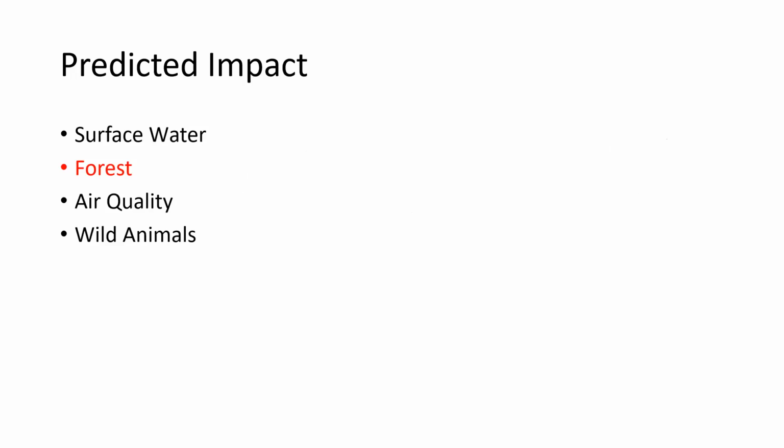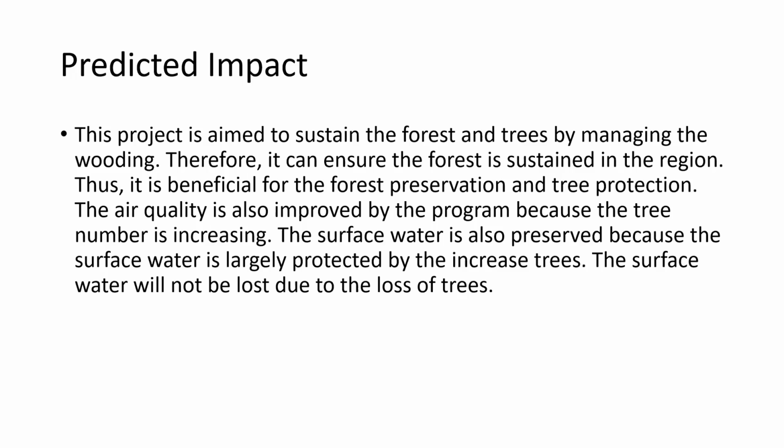The predicted impacts are on the region's surface water, forest, air quality, and wild animals. The project is aimed to sustain the forest and trees by managing the wooding. Therefore, it can ensure the forest is sustained in the region.